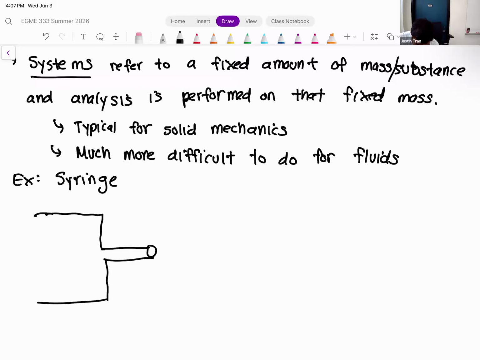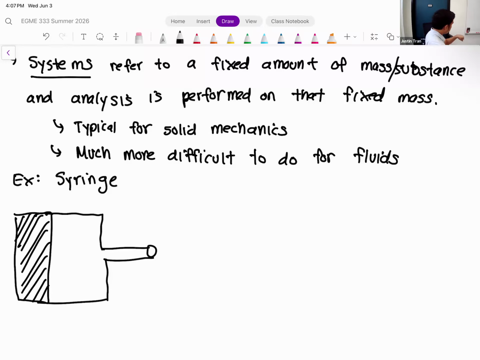You have your plunger here. Let's say you have your fluid inside the syringe, maybe it looks something like this.